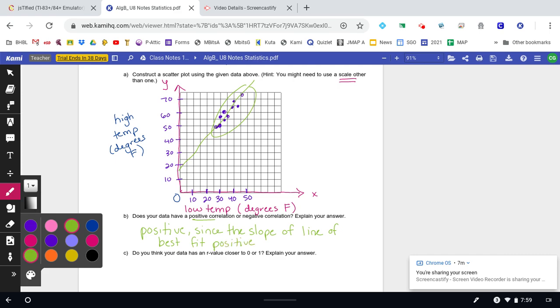All right, now, do I think we have an R value of closer to 0 or to 1? Now, I'm going to say 1 since the data is close to the line of best fit.